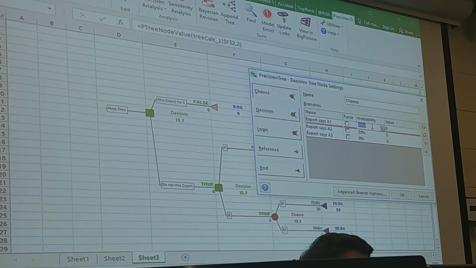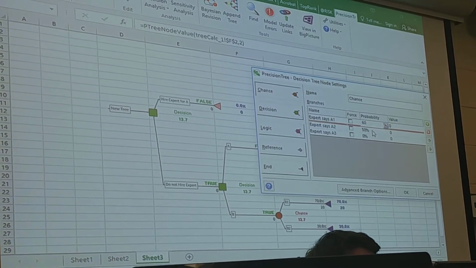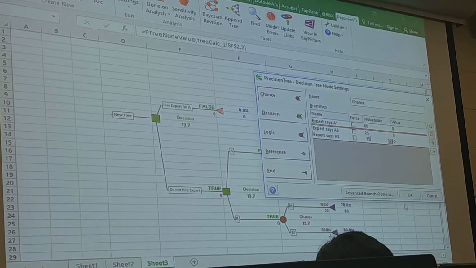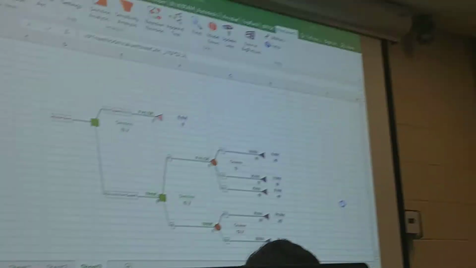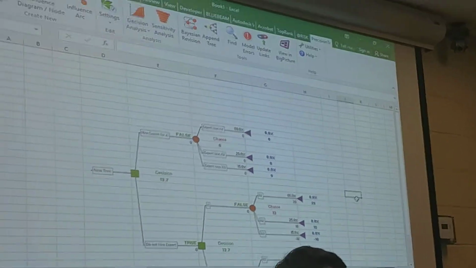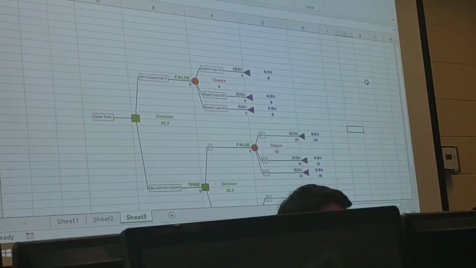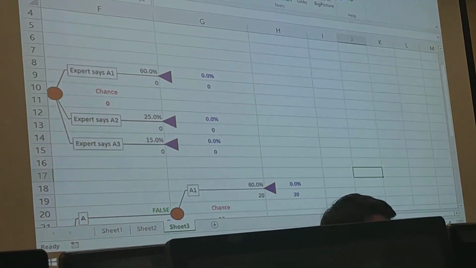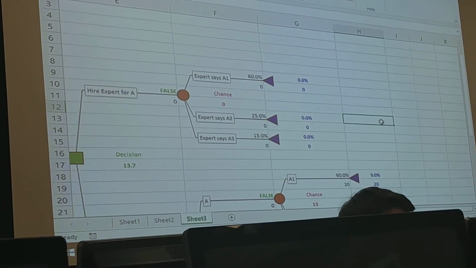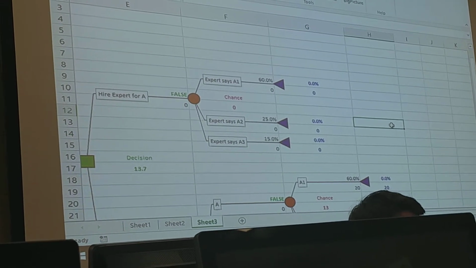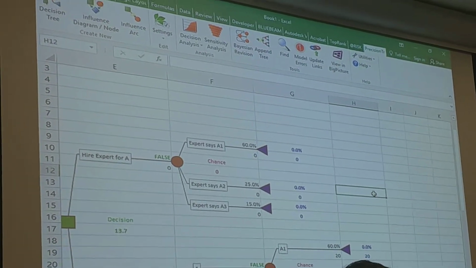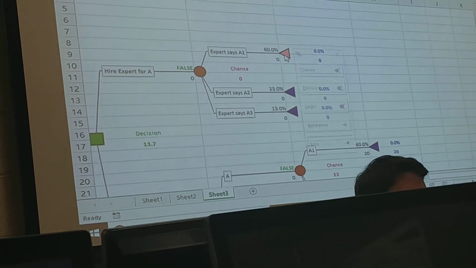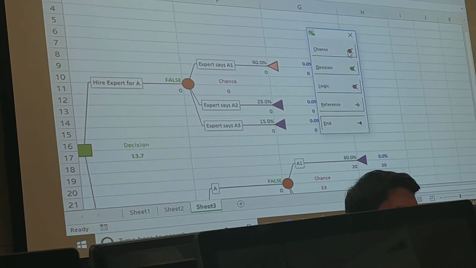So the probabilities are 60, 25, and then 15. If the expert says A1 happens, because I'm assuming this expert has perfect information about A, so A1 will happen for A for sure. But for B, we'll still have the uncertainties.